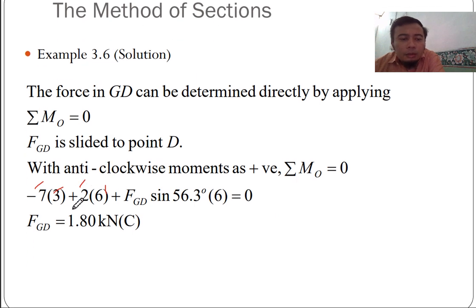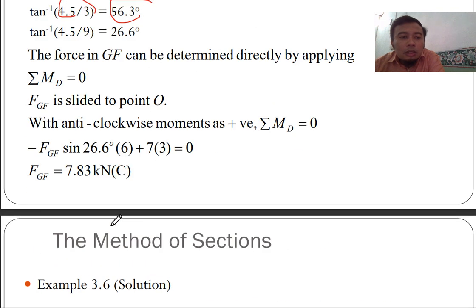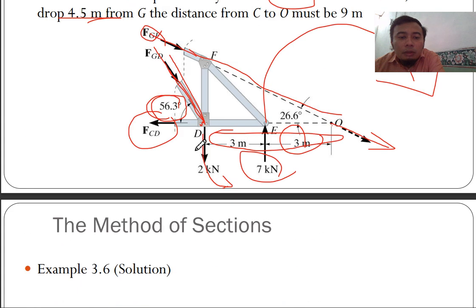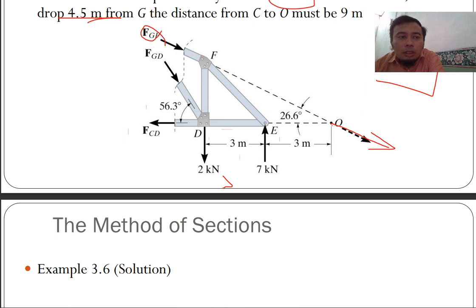FGF is not here, so FGD is singled out here, so you can get FGD. So for FGF, we use moment at point D. So at moment point D, you will cancel out these forces. This also cancels out, and this GD also cancels out. So you single out FGF only, right?